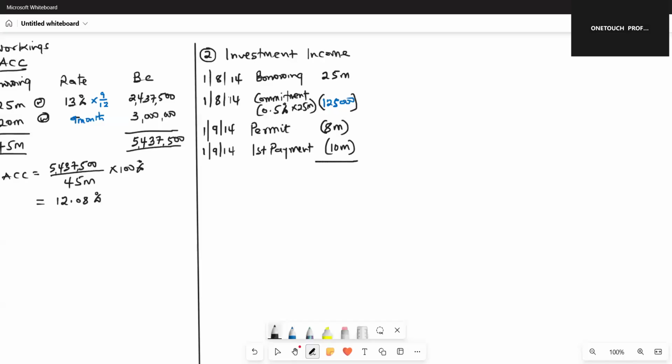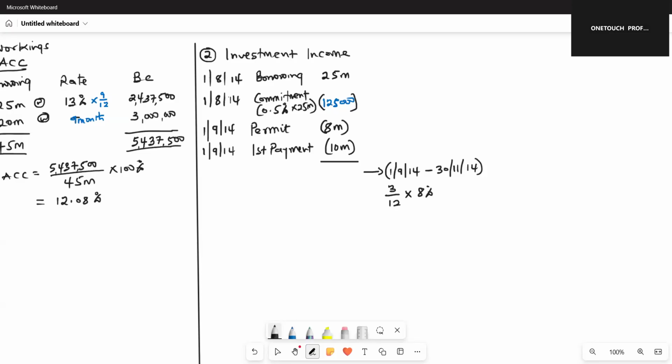So whatever is left is available for investment from 1st September 2014 up to 30th November 2014. So that will be 3/12. What is the investment rate? The investment rate is 8%.